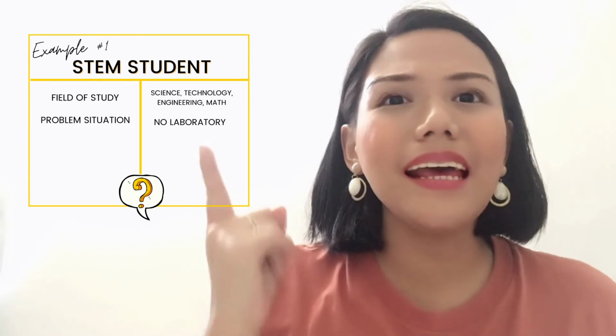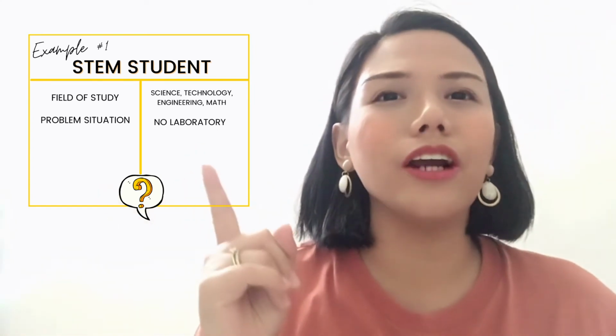So, an example of a research topic that we can come up based on the examples. So, for the senior high school student whose field is obviously science, technology, engineering, and mathematics, and his situation is that there are no laboratories. They cannot go to school. They cannot conduct experiments. And he's passionate about really discovering something new. He's passionate about experimenting.